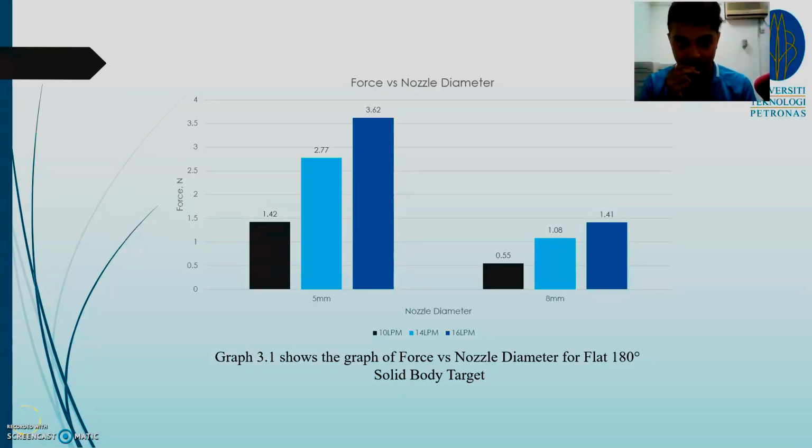Graph 3.1 shows the graph of force versus nozzle diameter for the flat 180 degree solid body target, where the higher the volumetric flow rate, the higher the force exerted on the solid body target. But even though the same volumetric flow rate is exerted on the same body target, the difference in the nozzle diameter, which is 5 mm and 8 mm, will result in a different amount of force. So the lower the diameter of the nozzle, the higher the force.